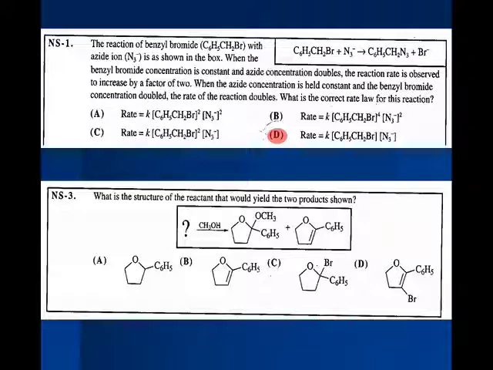A. And why can we eliminate A? Yeah, there's no leaving group on there, right? What other two can you actually eliminate as well? You can eliminate B and you can eliminate D. That's right. C is the correct answer, right? Why can we eliminate B and D?